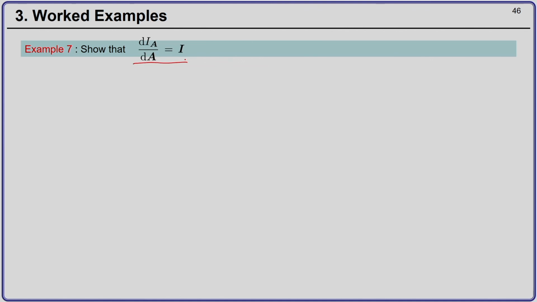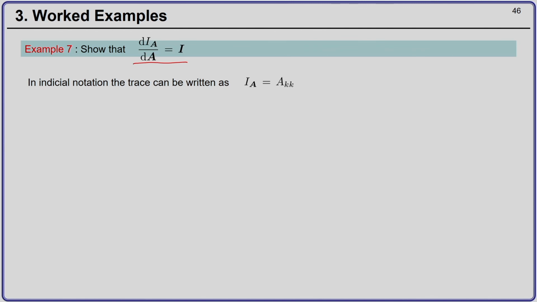The first example asks us to show that the derivative of the first invariant of a second order tensor with respect to the second order tensor is a second order identity tensor. So, you are asked to show that dI upon dA will be equal to I, which is second order identity. To proceed, we will derive our required result using indicial notation.